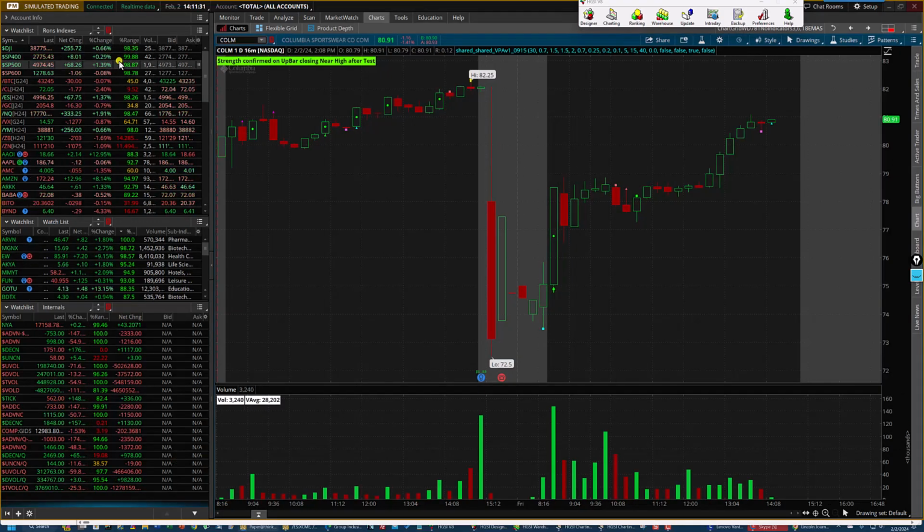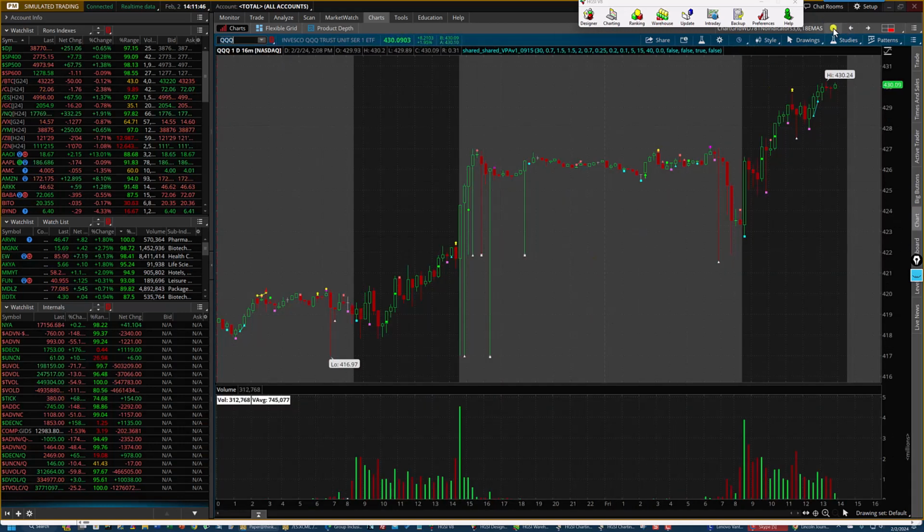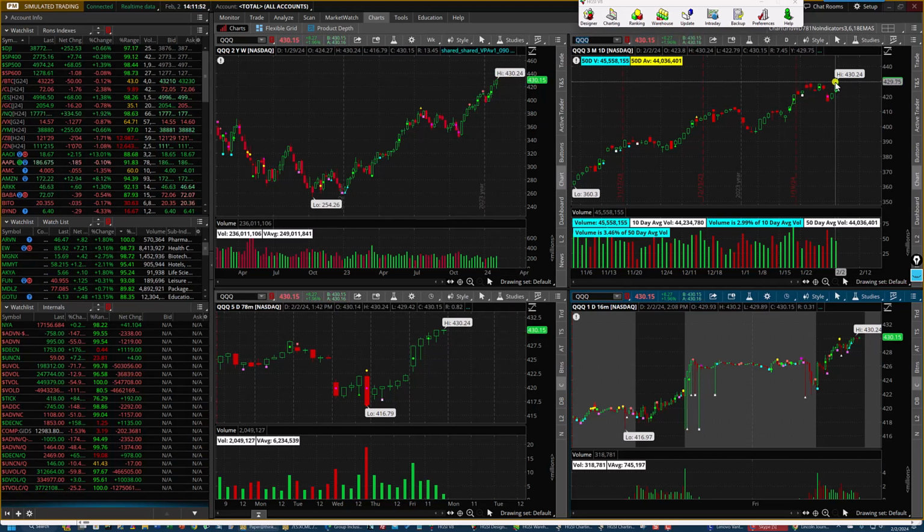Okay, let me point out to you what's going on here. The S&P 500 is up 1.38%, and let's see what the Qs are doing. And you can see the Qs are breaking out to a new monthly or weekly high, new daily high here.